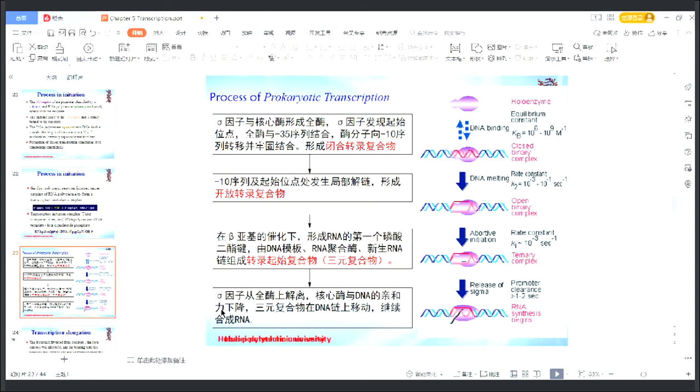And here you can see the beta subunit begin to catalyze, squeezing into the double helix structure of the DNA. At that time the active center is at the negative one site and recognizes the ribonucleotides entering into the RNA polymerase.